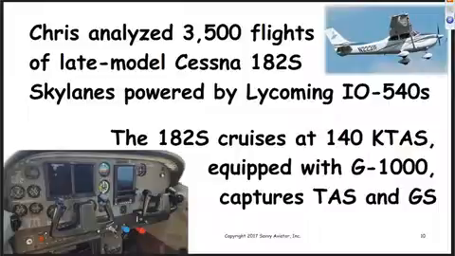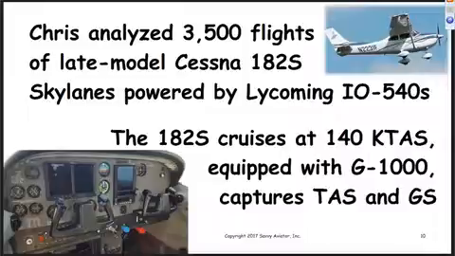By looking at the difference between true airspeed and ground speed, we can determine whether the airplane is flying into a headwind or with a tailwind, and how much effect that has on the ground speed of the flight.